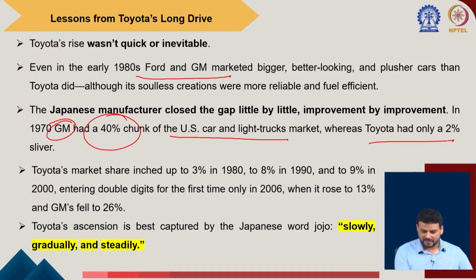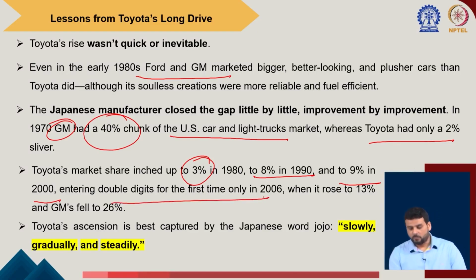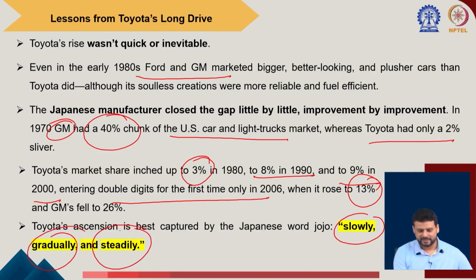But after implementing this TPS in the 80s, they improved to 3%, then 8% in the 90s, then 9% in 2000, and then more than 10% in 2006, and the share rose to 13%, where GM's share fell down to 26%. So slowly, gradually, steadily, this is the baseline if we try to define the Toyota production system.